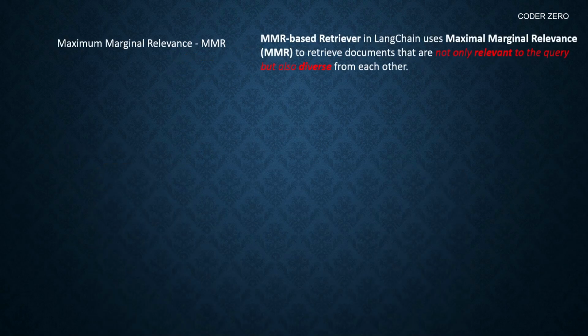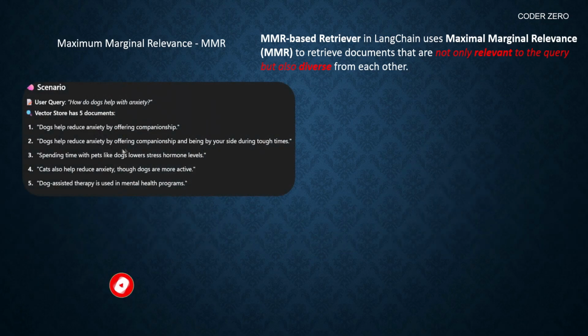Now next we have MMR. MMR stands for maximal marginal relevance retriever. When you use this technique to retrieve documents, the documents will be relevant and diverse. Let's understand by taking an example. Let's say we have these documents in a vector store.